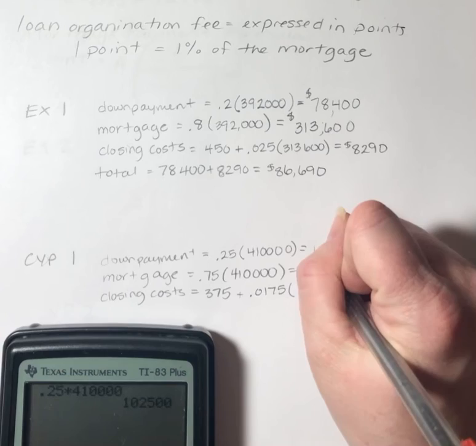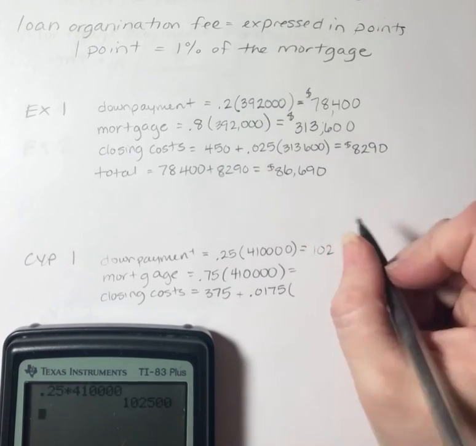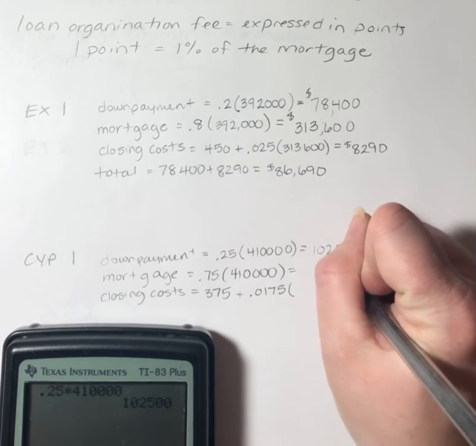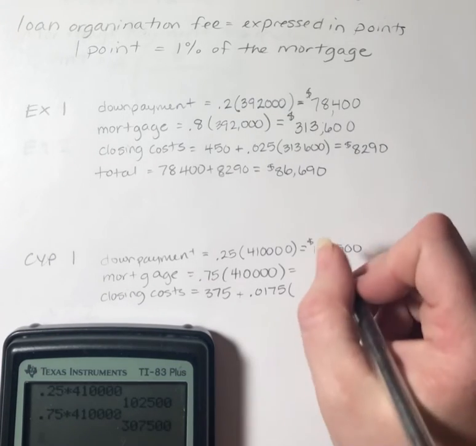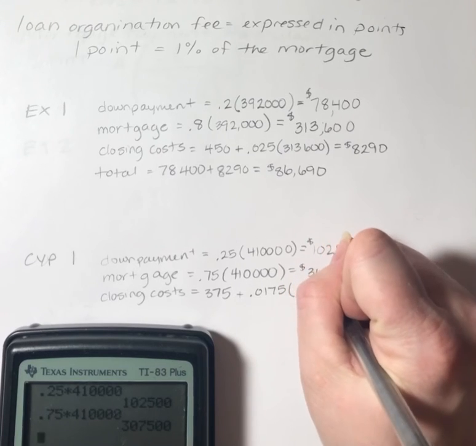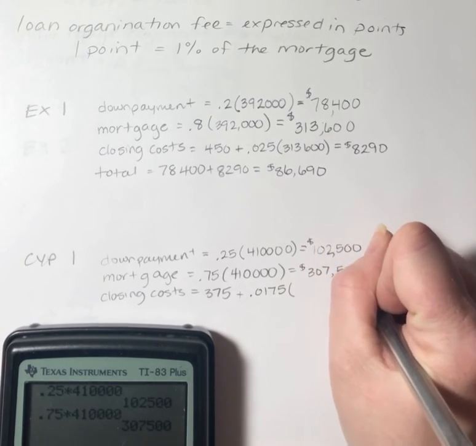So they're going to make a down payment of $102,500, and then their mortgage will be for $307,500.